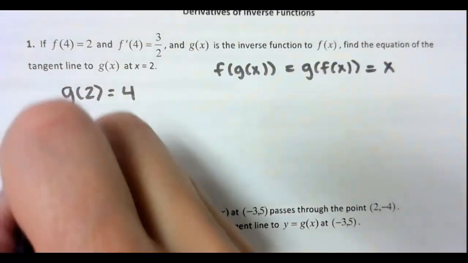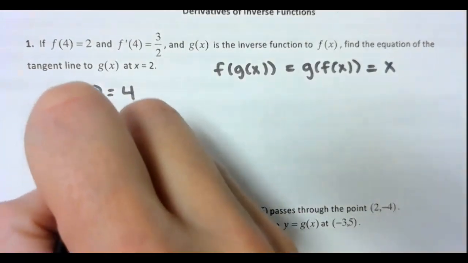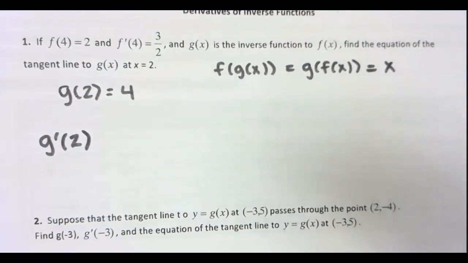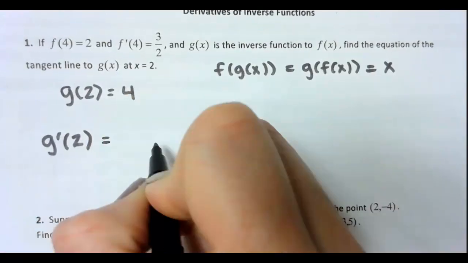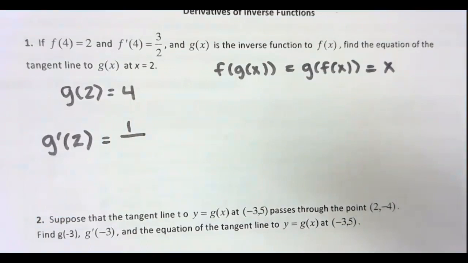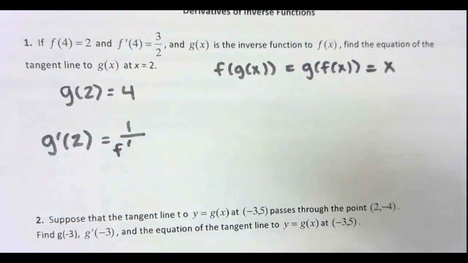So now I need g prime of 2, which, if you go back to our formula, is the same as 1 over f prime of 4.